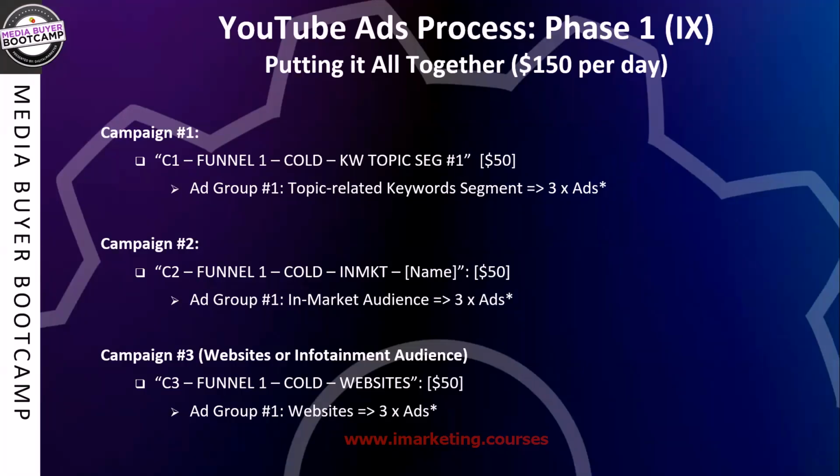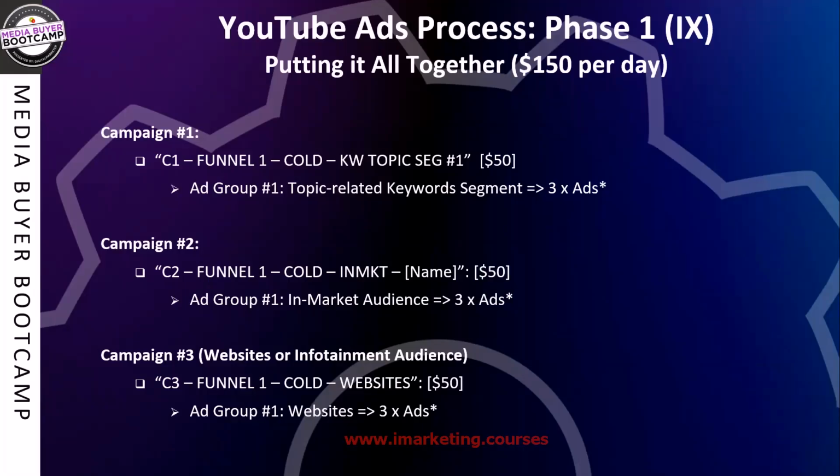If you were to put 2 ad groups in campaign number 1 up here, what Google will do is take that $50 per day and decide how much of it it's going to put towards ad group 1 and ad group 2. We're forcing the system because we want to get a learning. We're in the business of learning as quickly as possible.